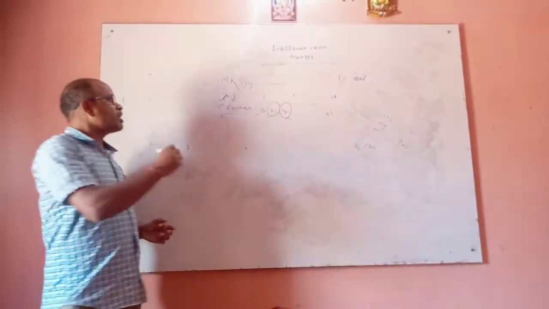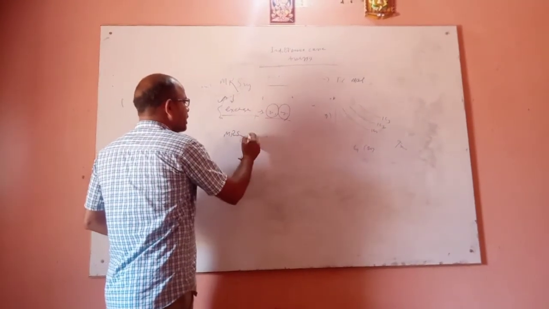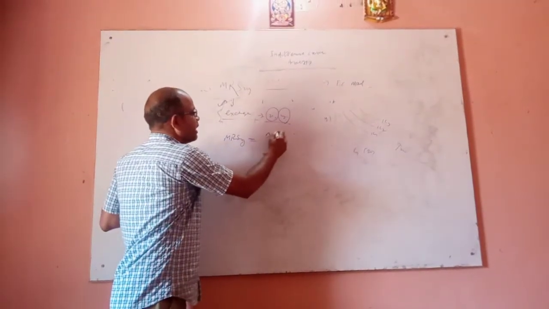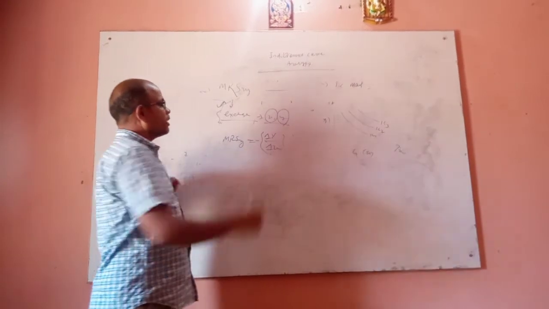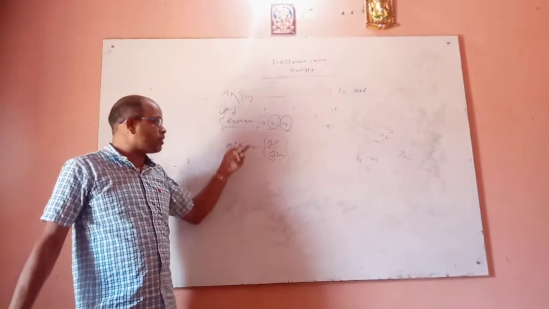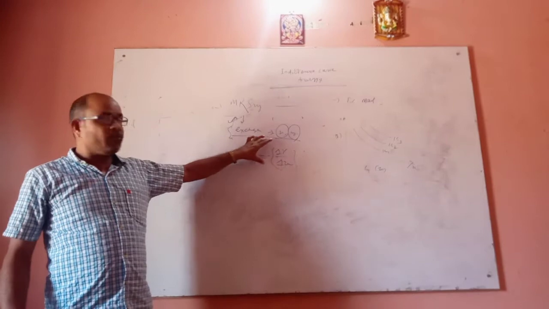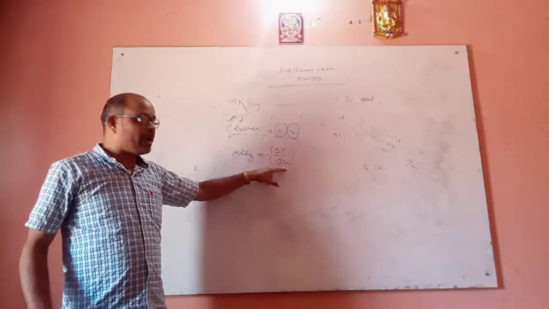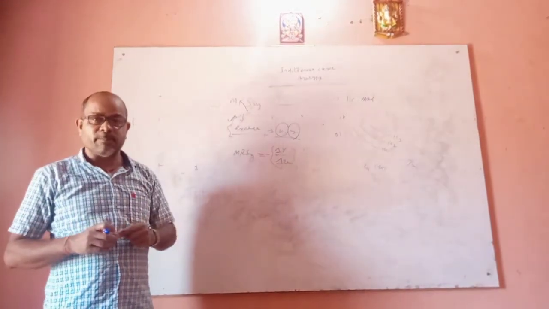So MRS XY can be determined mathematically, and to calculate the marginal rate of substitution of x for y, we apply the following formula: minus del y by del x.